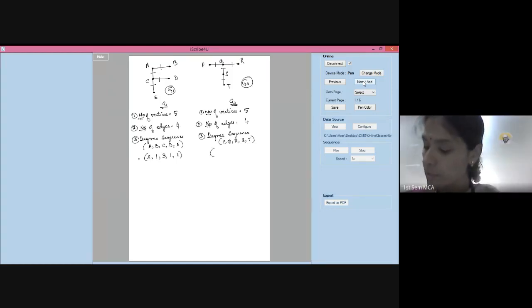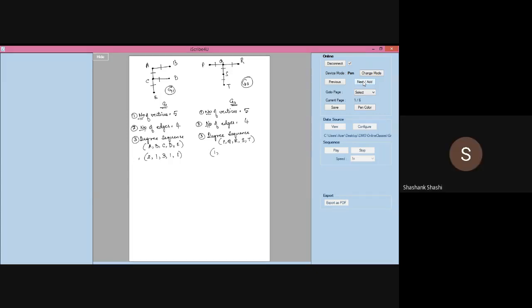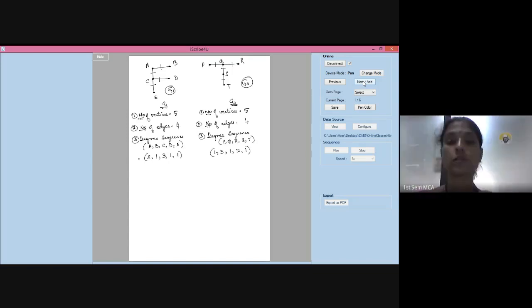Similarly, come to the graph G2. P? 1. Q? 3. R? 1. S? 2. T? 1. Alright. So this is the degree sequence.